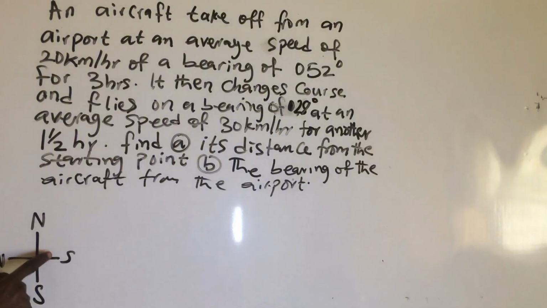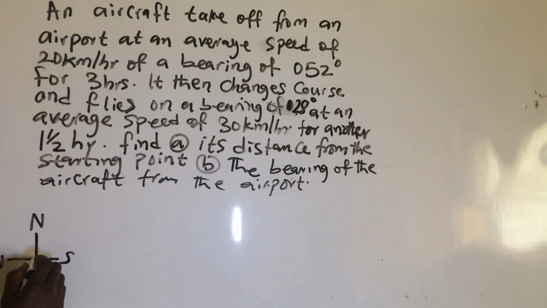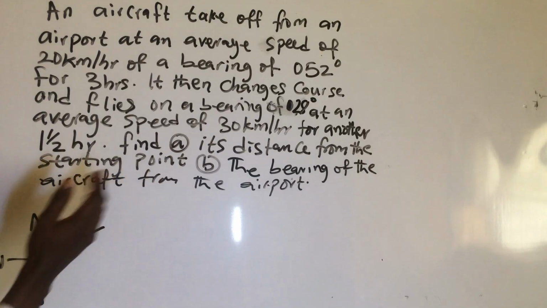You know that from north to east on our 4 cardinal points is 90 degrees. Now sketch the imagination of that 52 degrees, which will be more than half of the whole thing, so that here is our 052 degrees. So the aircraft takes off with this angle. That means it is going to move this way.